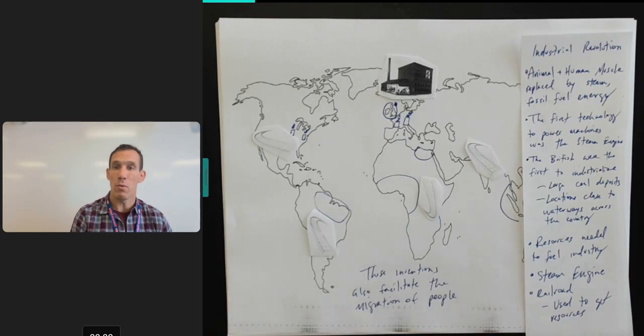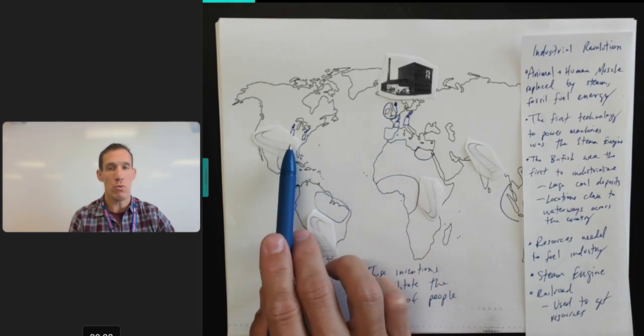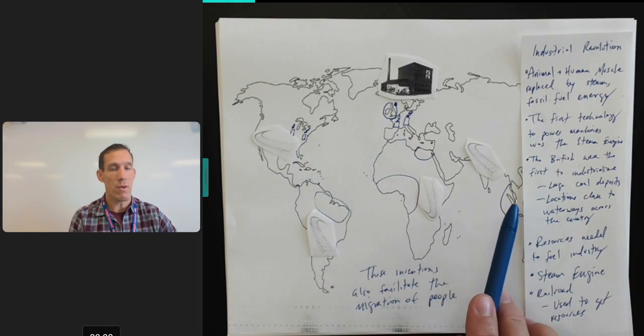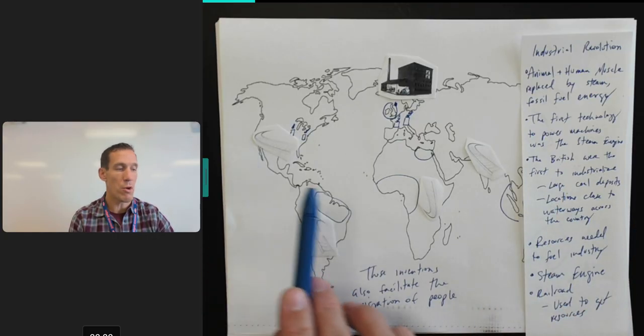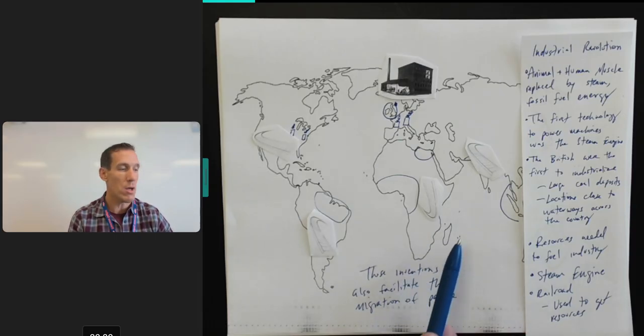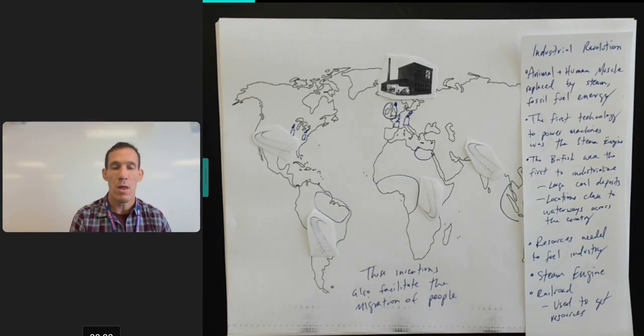Okay, during this time, there's huge waves of migration. A lot of migration coming from Europe to North America. There's also significant migration going from China to the west coast of North America, India going to South Africa, China and India also going into Southeast Asia. And so you're just seeing a lot more people moving around because it's easier to move around because they have these new machines that are making it quicker and easier for them to do that.